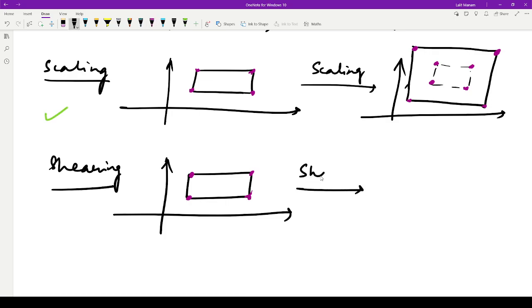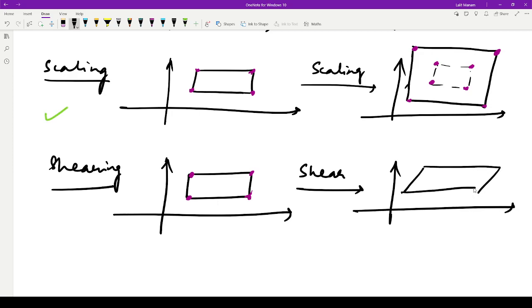It will look something like this. So now instead of a rectangle, it's what? A parallelogram. Even with the parallelogram, you can see that the extreme points are still the same, right? Whatever gets mapped here is still an extreme point.